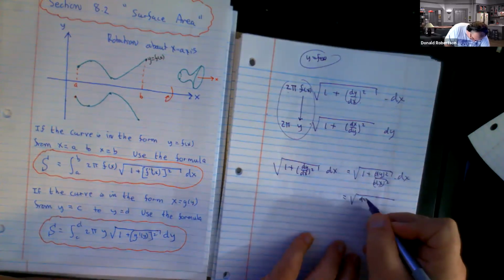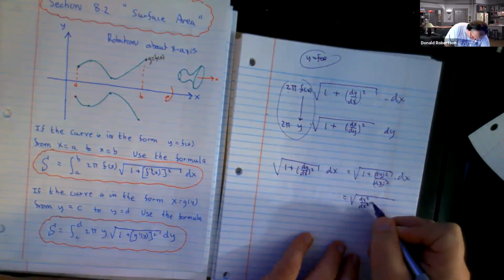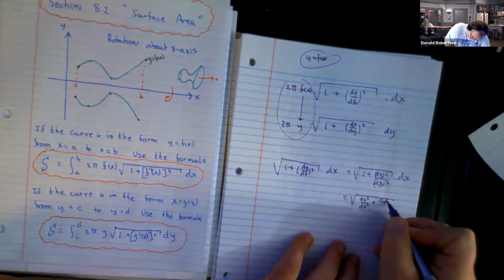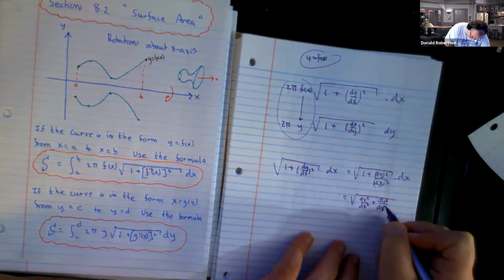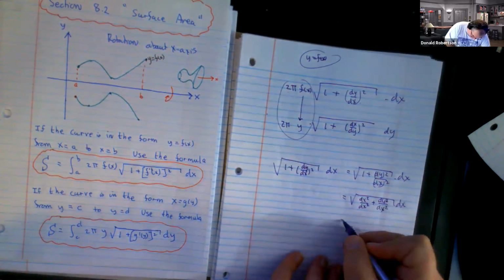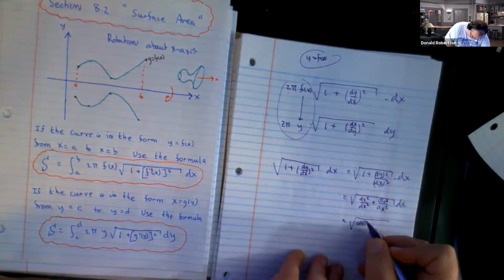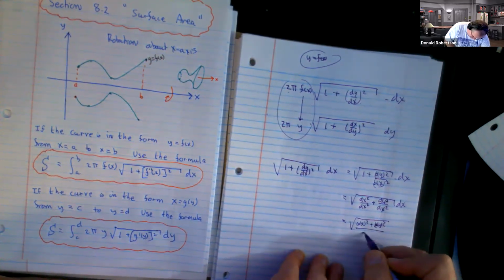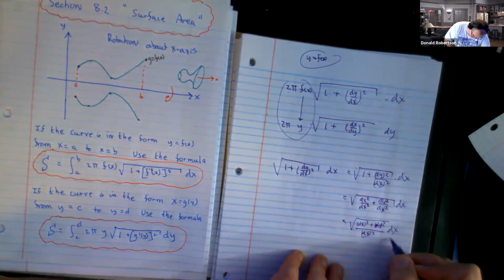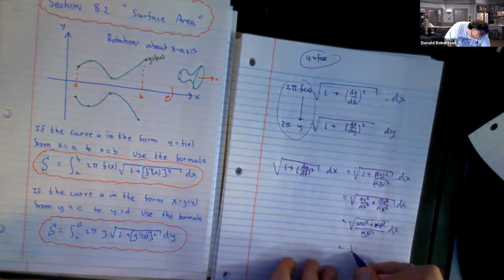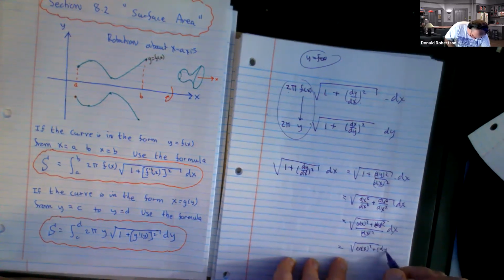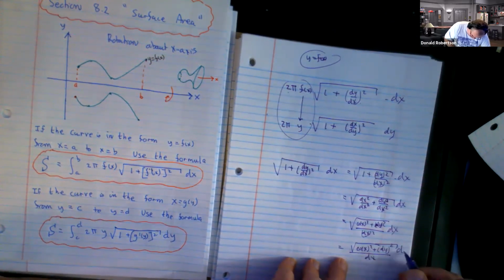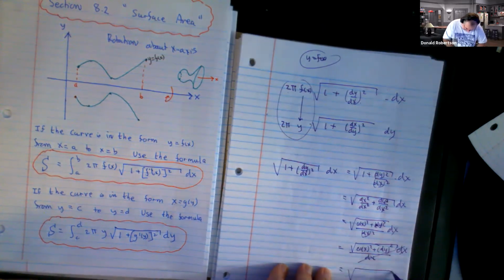So what you get is dx squared over dx squared plus dy squared over dx squared, dx. So you get dx squared plus dy squared over dx squared dx's. Do you see that the square root on this guy, if you do them separately, gives you a dx, and it cancels with the dx? So what you're left with is this guy.